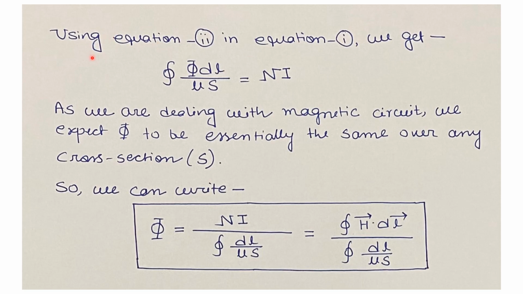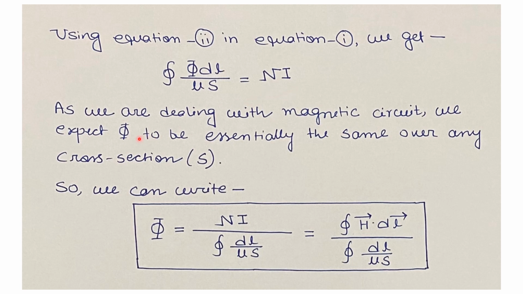Now we will use equation 2 in equation 1. Equation 2 was our magnetic field vector H equals phi by mu S, and equation 1 was from Ampere's circuital law, that is the closed path integral of H vector is Ni. So if we use equation 2 in equation 1, we get the closed path integral of phi dl by mu S equals Ni.